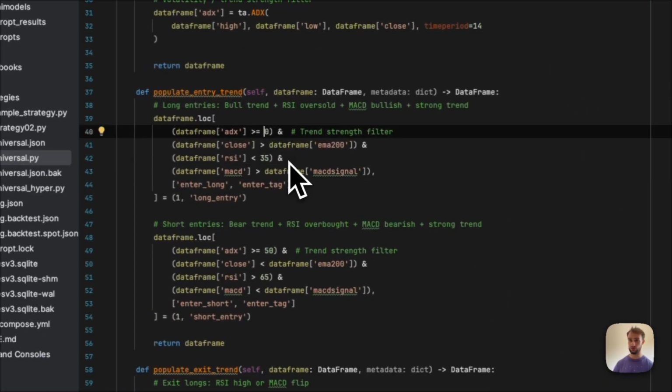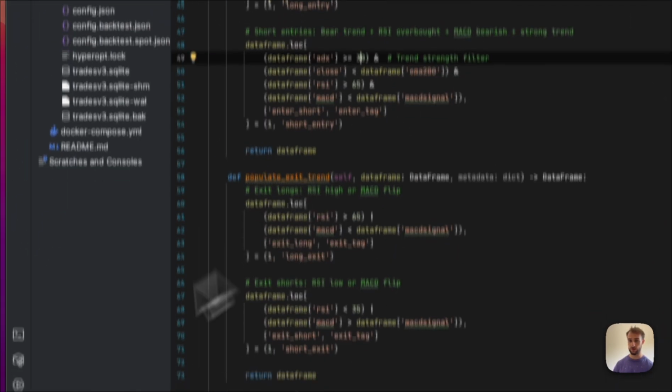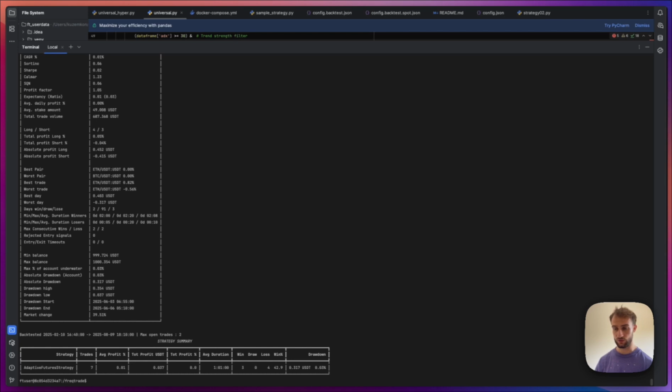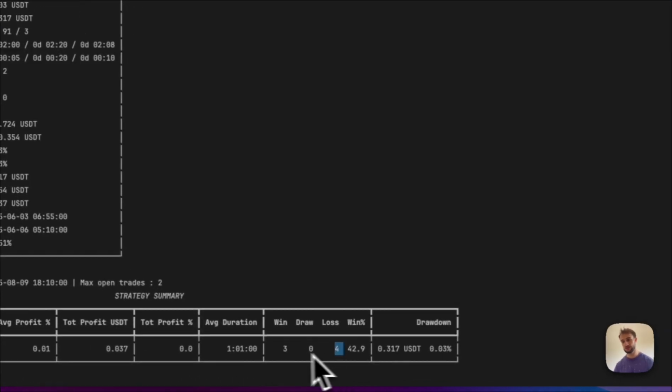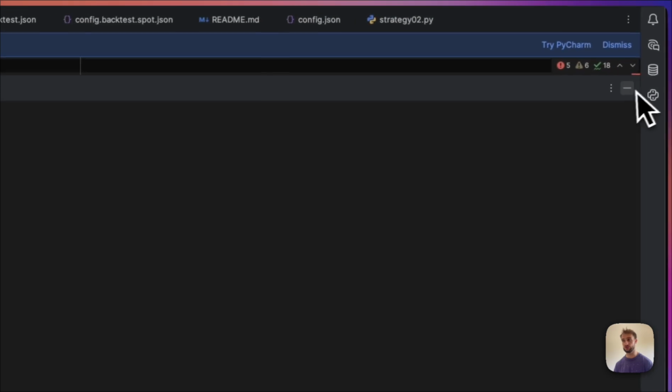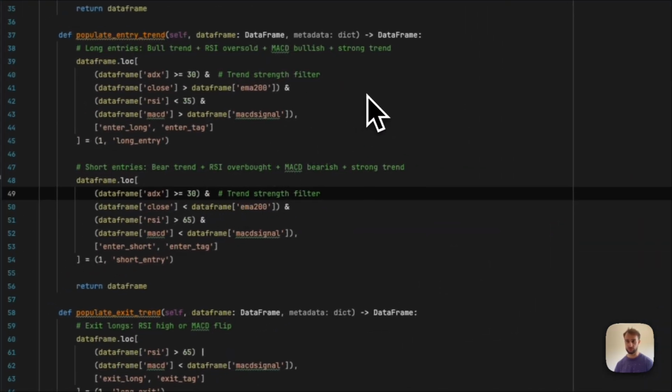So I'll go down to 30. Now we got even worse. We're still remaining unchanged, not losing or gaining anything, but in the win to lose statistics, we make fewer winning decisions and more losing decisions. So the market strength doesn't particularly influence it positively.